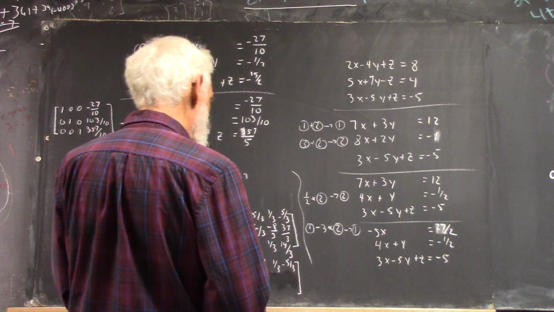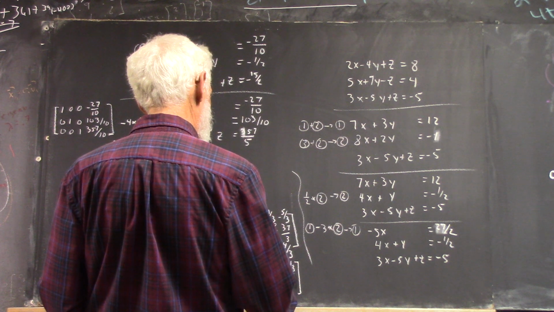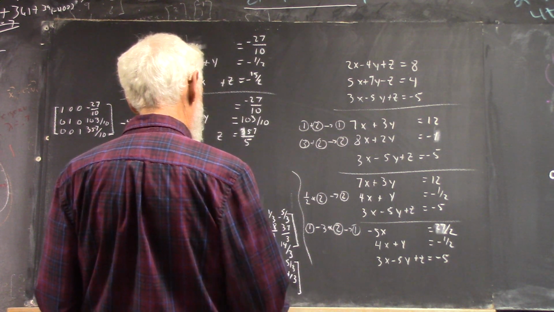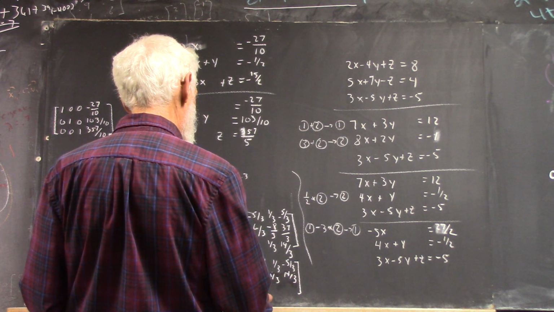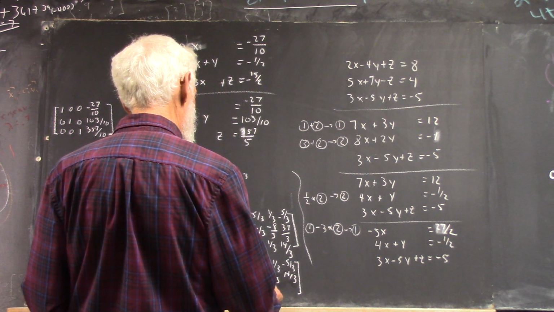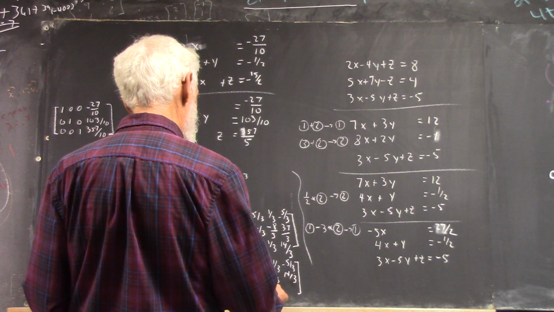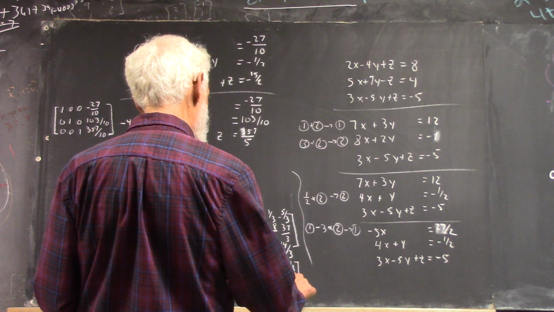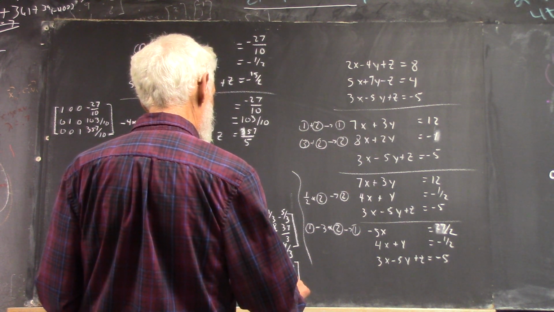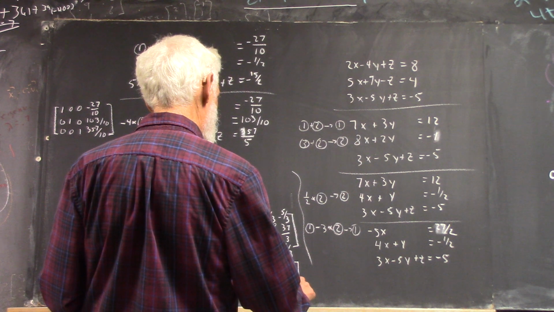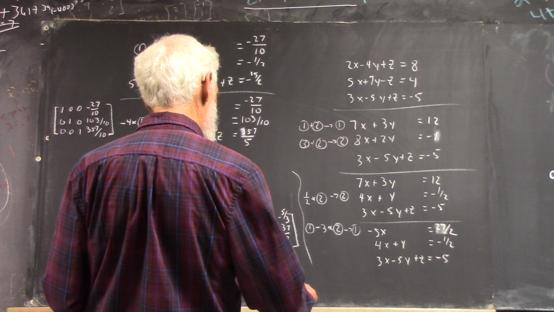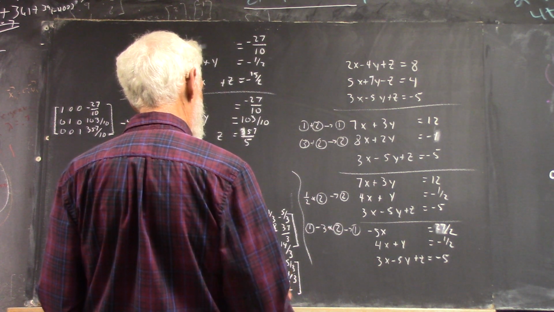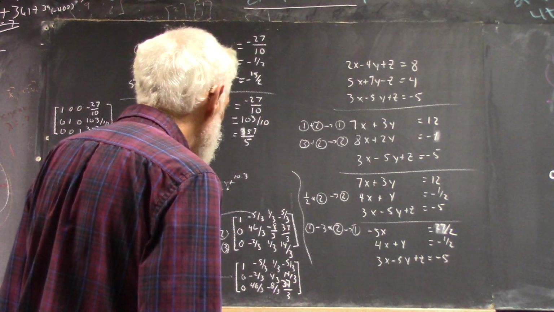The third row has a 1/3, and a 14/3. I almost did it again. It's 37/3. Okay?